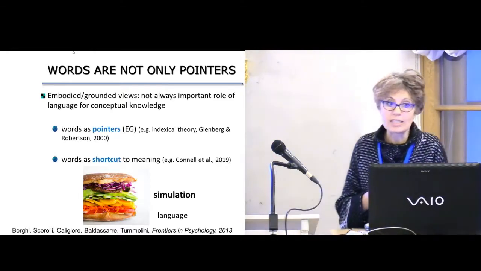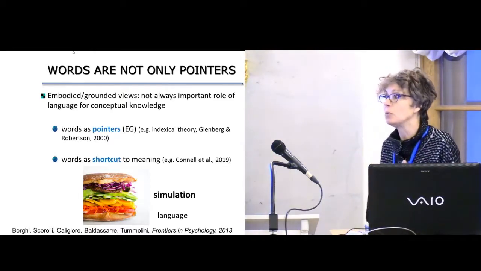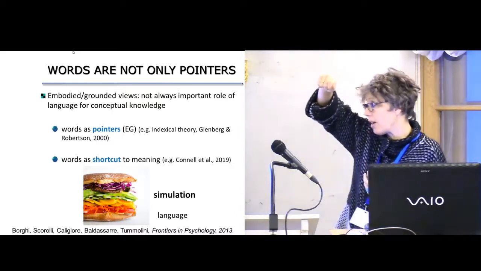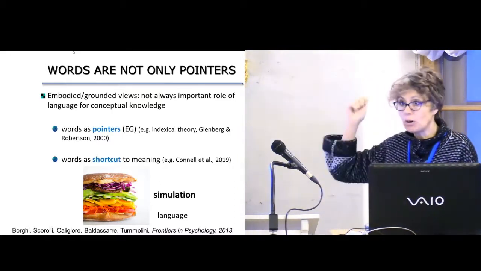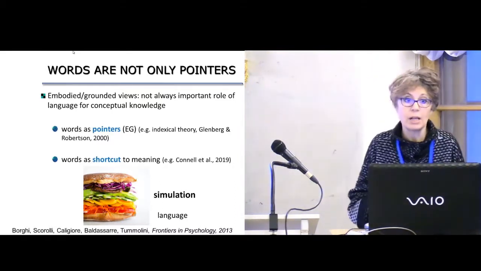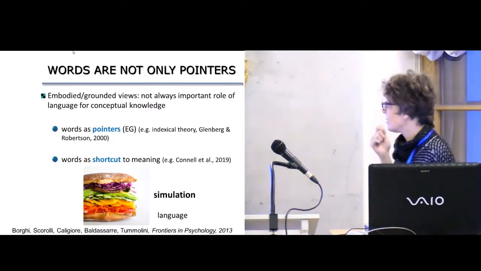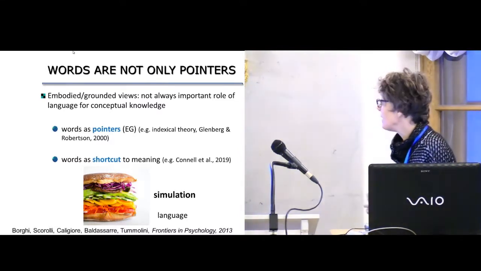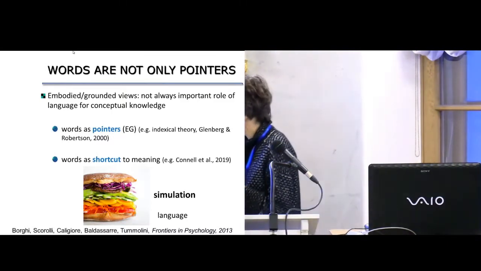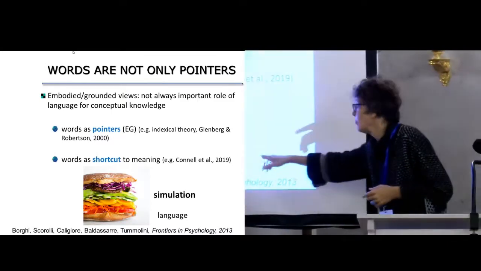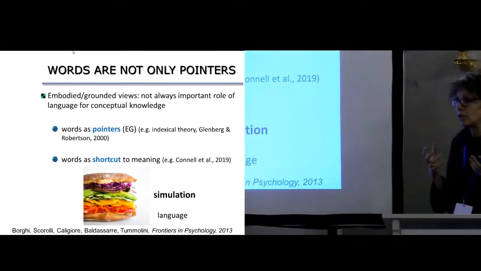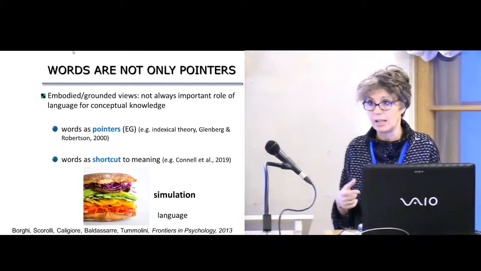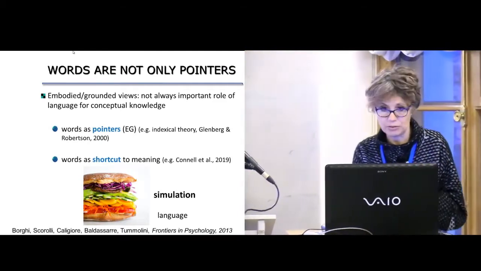So embodied theories sometimes have intended words as pointers to the reference, so words refer to an object in the world, or as shortcuts to meaning. So basically, language has been considered somehow peripheral with respect to simulation, which would be the important part in capturing meaning.